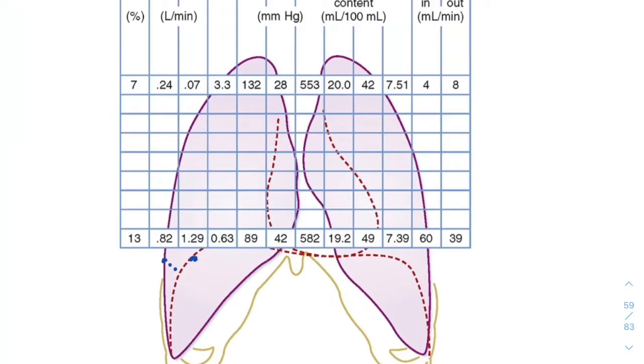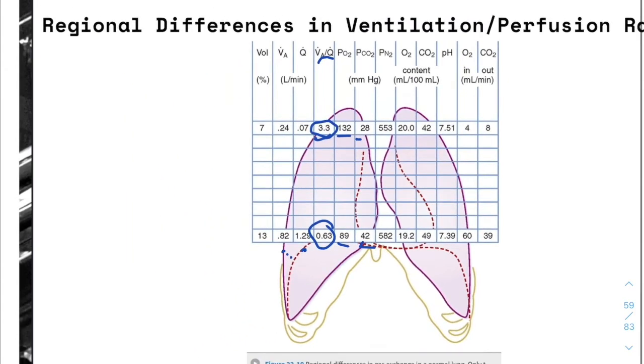So when you compute your VQ ratio, you have a greater VQ ratio at the apex compared with the base. With a higher VQ at the apex, your oxygen tension tends to be higher compared with the base, and your CO2 tension is greater at the base compared with the apex.